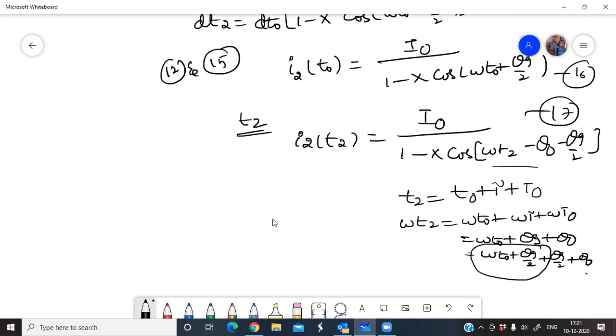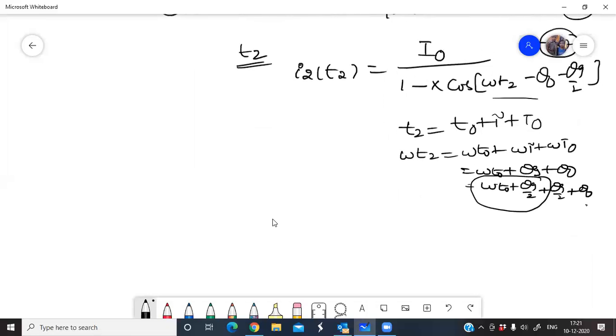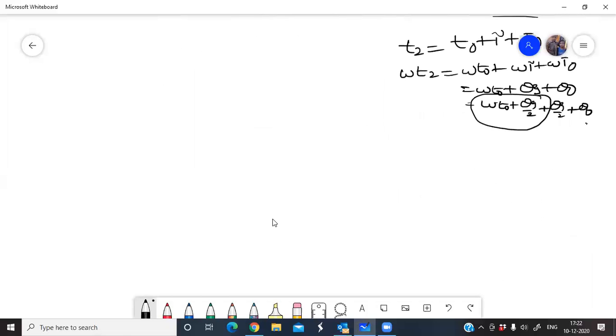Just 3 to 4 minutes, I will complete this topic. So after equation number 17, now the beam current at the catcher cavity. Now current has reached the catcher cavity. The beam current at the catcher cavity is a periodic waveform with the period equal to capital T. But here I have already written that transit time equals capital T. That's why, in order to avoid confusion, I want to write in terms of frequency, so that the period is equal to 2 pi by omega.